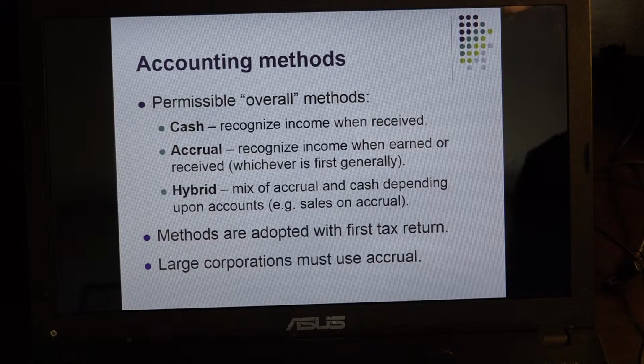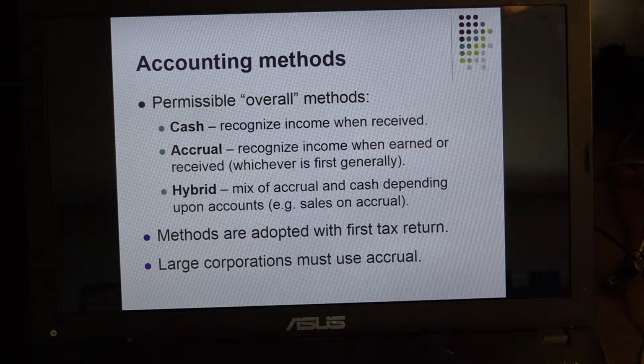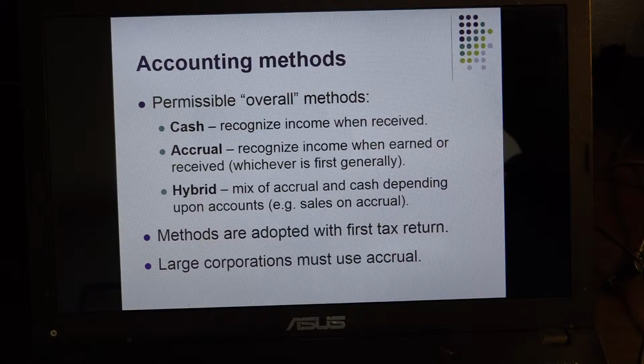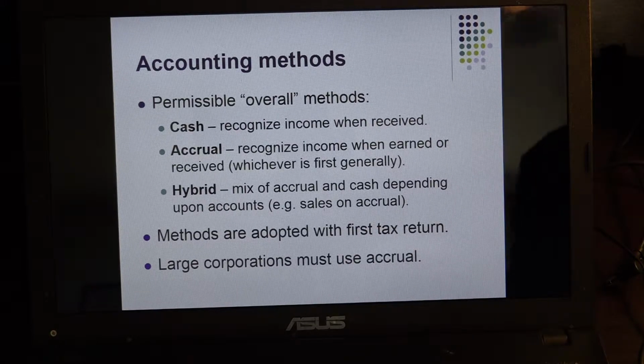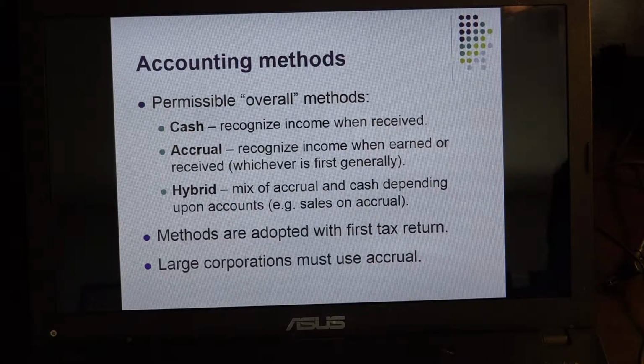As far as expenses are concerned, cash method taxpayers recognize an expense when it's paid, not when they get the bill, not when it's owed. Accrual is the next permissible method.